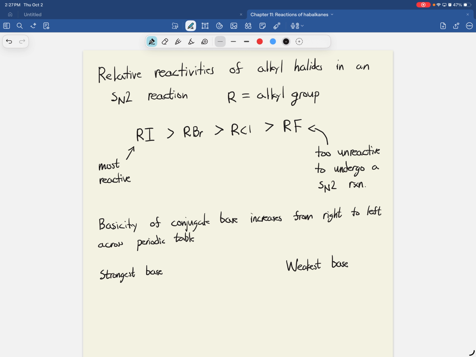All right. So let's look at carbon, nitrogen, oxygen, fluorine. Which one has the highest electronegativity there? Carbon, nitrogen, oxygen, or fluorine? Fluorine, right? So the higher the electronegativity, the more stable the base. But now, remember, we're comparing this across a row, not down a column. So F here is the weakest base.